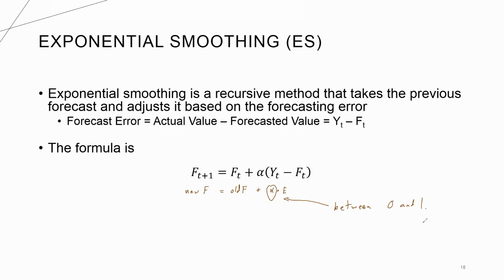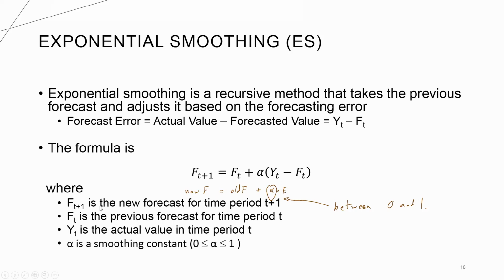If we set alpha at 0.9, that's going to be very reactive and not that smooth. If we set it at 0.1, that's going to be very smooth and not very reactive, right? And we pick our point somewhere in between. Alpha controls how smooth or how reactive this method is. So this is what I was just saying here.